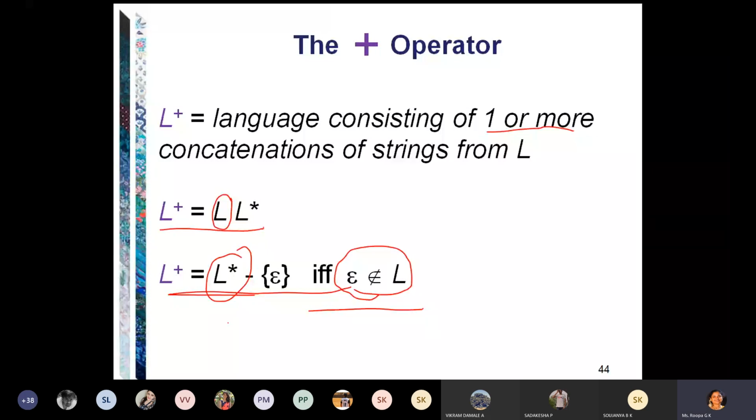If you consider odd number, there is no 0, right? Odd number starts from 1. So at least one component will be there in our language. So for odd number, we can write L plus. Clear now? Yes, ma'am. Okay. Next one.